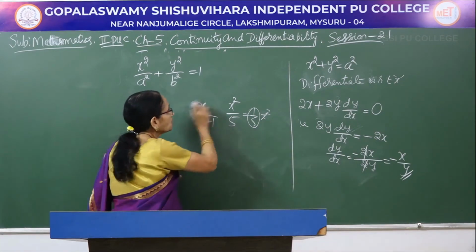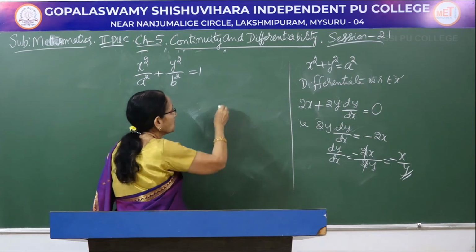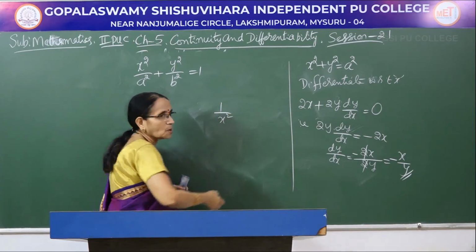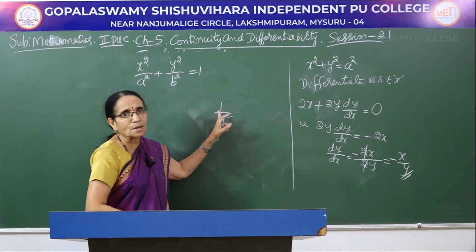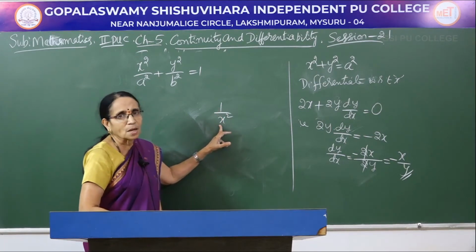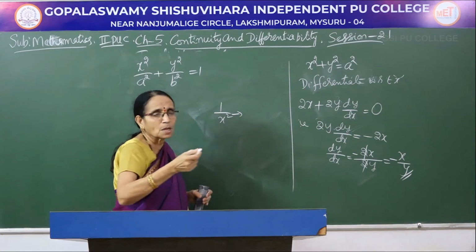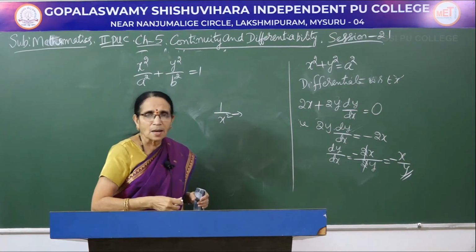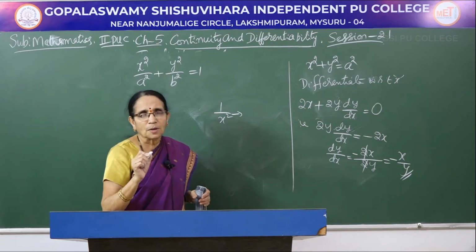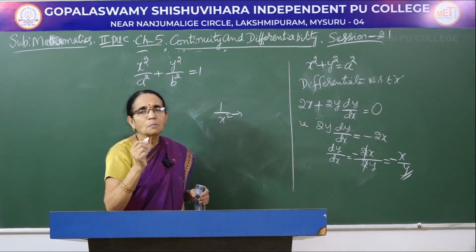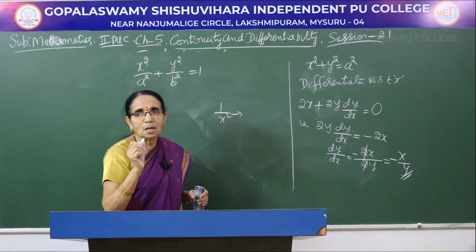Or else if you have, suppose I am having 1 by x square. Here the numerator is a constant, denominator is containing a function. In this case, we write the derivative applying the formula which I had mentioned in one of the earlier sessions. 1 by x to the power n has the derivative minus n over x to the power n plus 1.